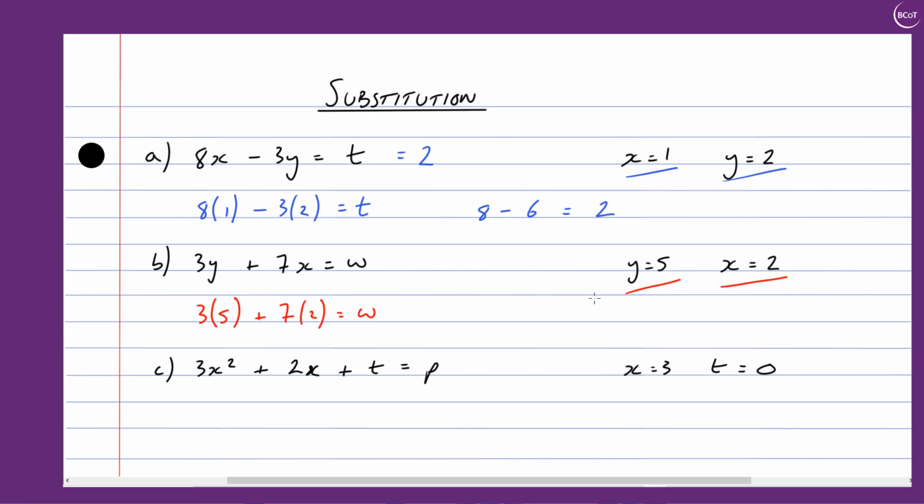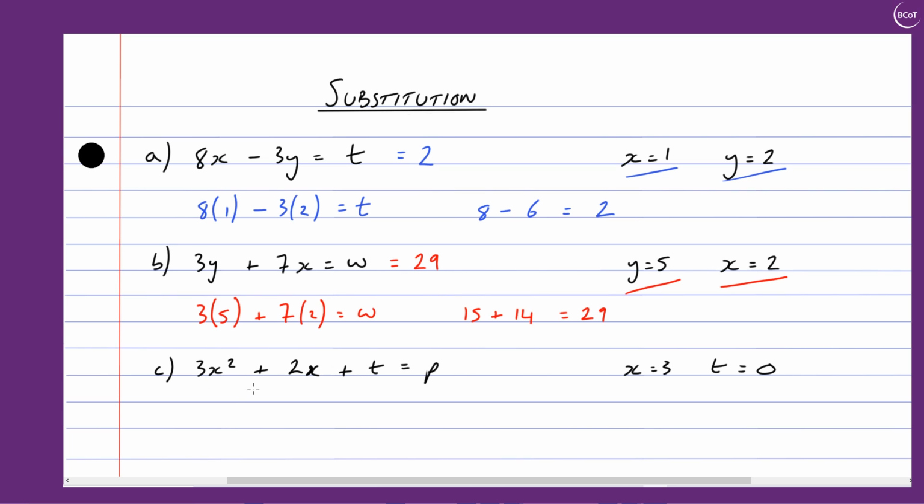We'll work out what w is. So 3 lots of 5 is 15, plus 7 2's are 14, so that is 29. So in this question, with these values for x and y, w is worth 29.